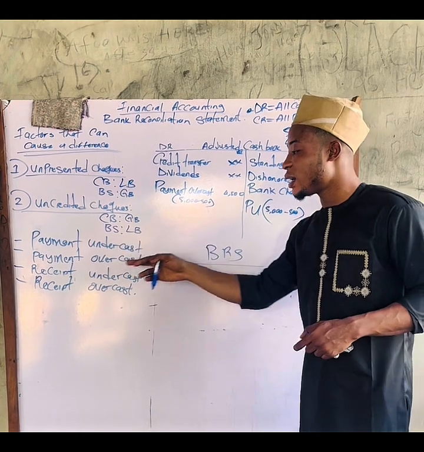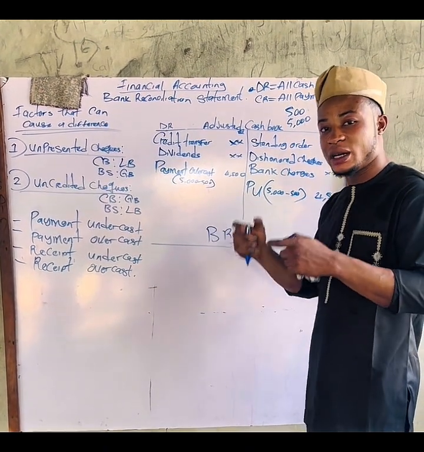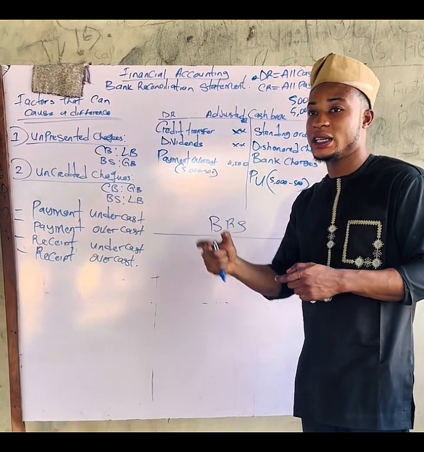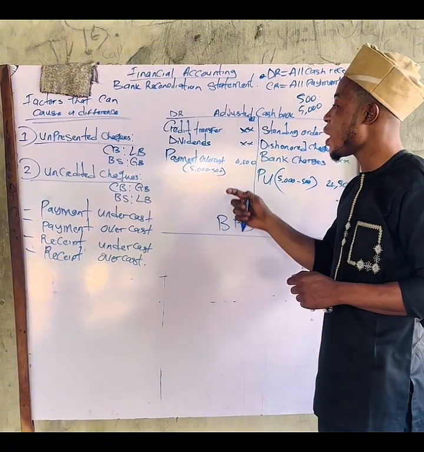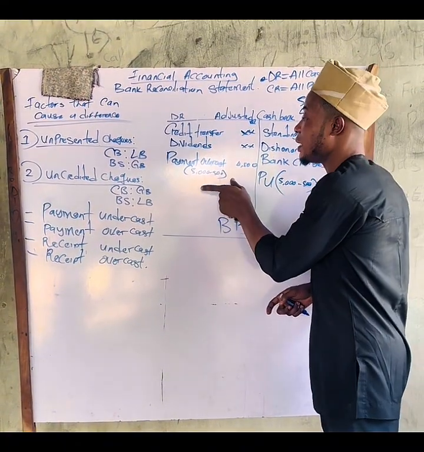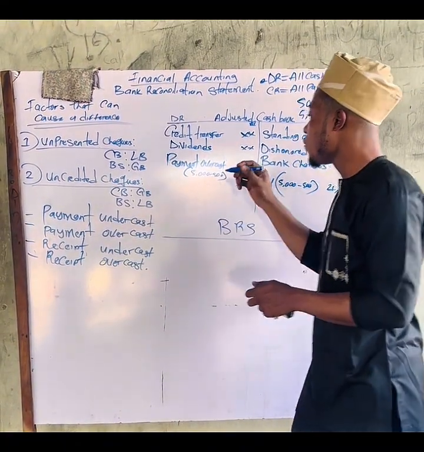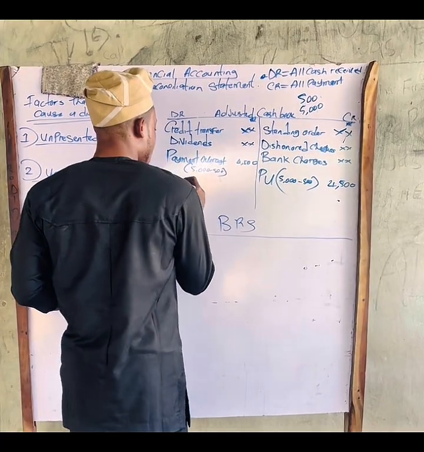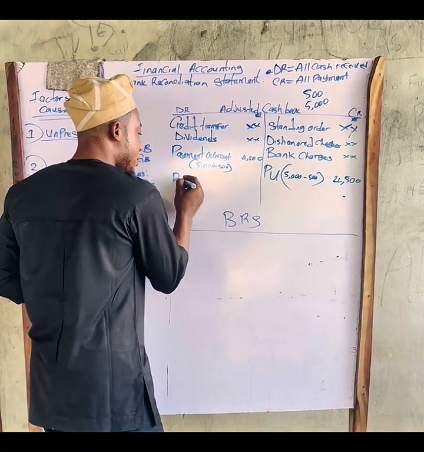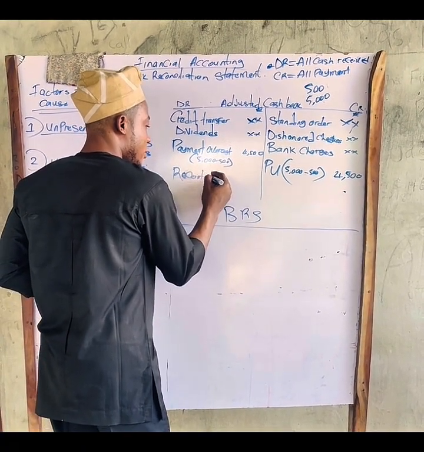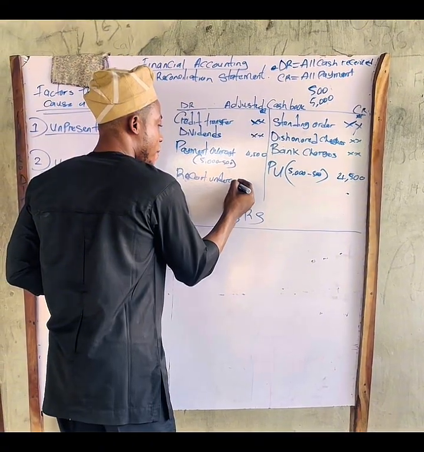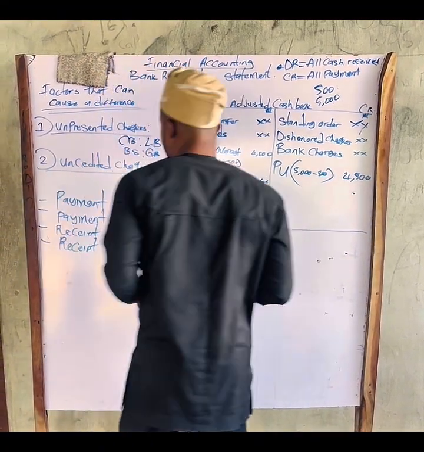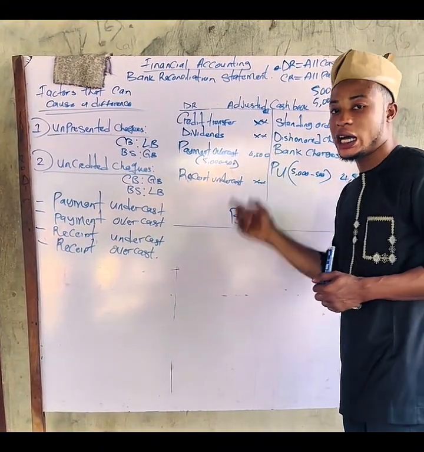Now for receipt undercast, it's saying that when we receive money and that amount is understated, we are expected to correct it in the adjusted cash book. Receipt undercast is going to be debited in the adjusted cash book. Why?